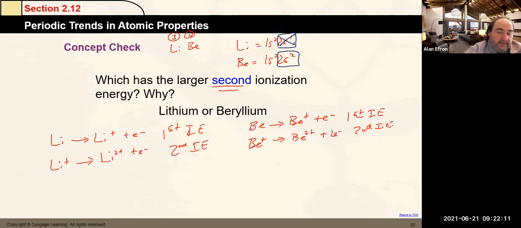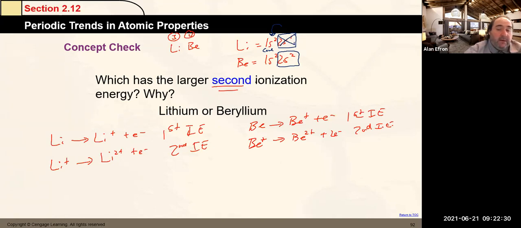To lose its second electron, it would now be into core electrons, which, as we've just been talking about, should take a very big amount of energy. When we get into those core electrons, it's an enormous amount of energy.